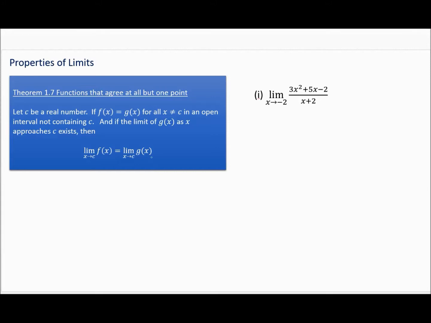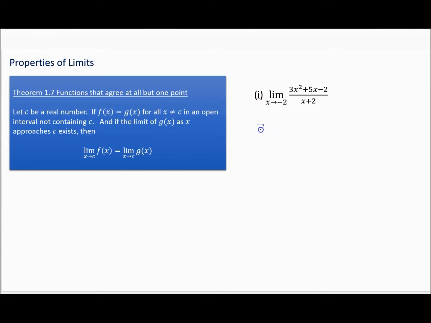I want to show you something. So this is a rational function, right? There's a theorem that says if you have a rational function, you can just substitute this value in directly, except for one situation. But let's go ahead and try.